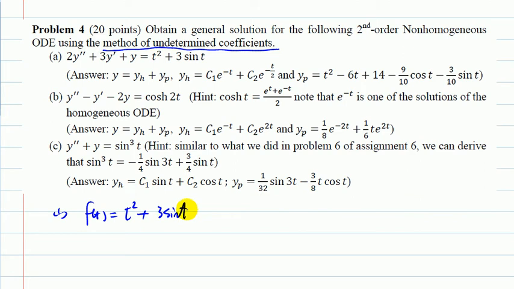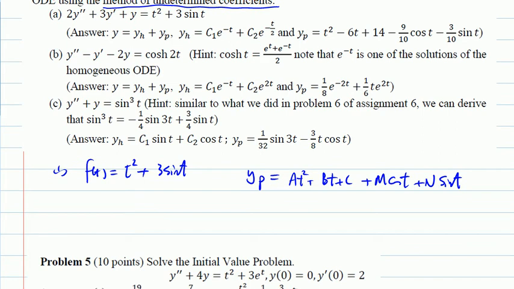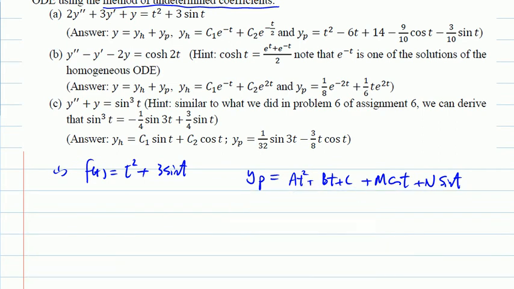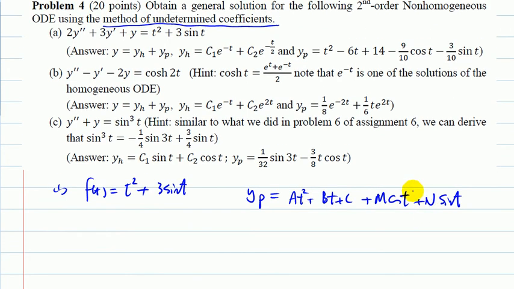You can take a look at an initial guess. Our initial guess for yp for t squared is a t squared plus b t plus c, and for 3 sine t, it's m cosine t plus n sine t. So that's your initial guess, but you have to make sure whether you need to apply the modification rule or not. What we're using here is the basic rule plus the sum rule.